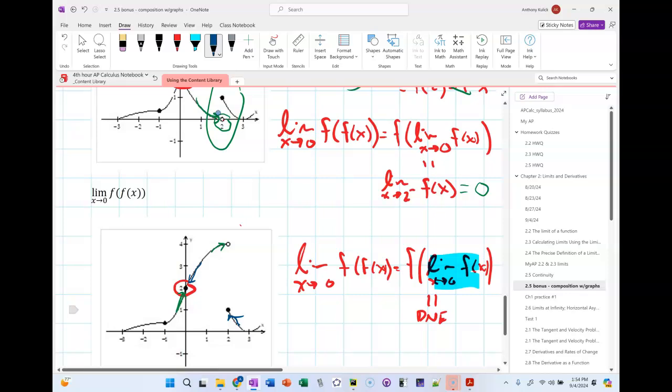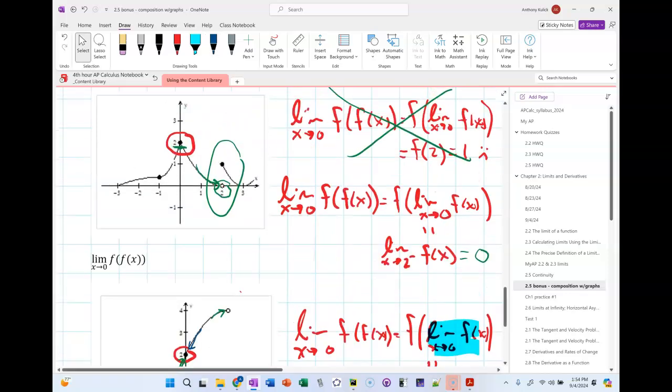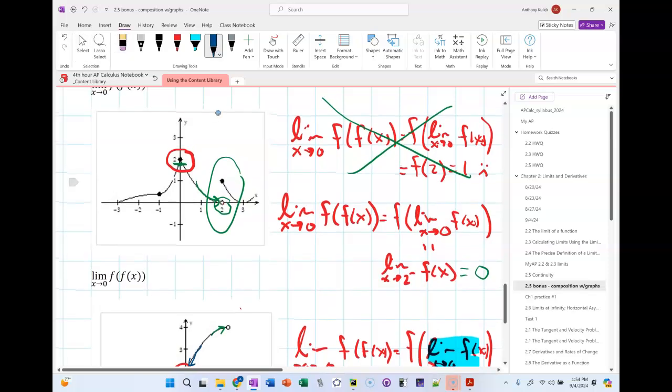So the limit doesn't really agree, so we said it does not exist. On this one, we have coming from here, which is that end, and then there, which is also that end. That's why we can do it. Does seeing the picture help at all?